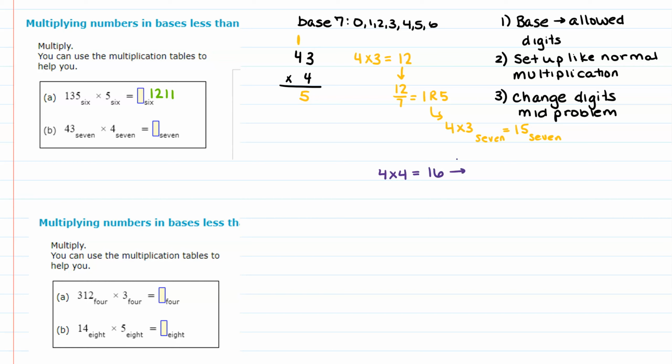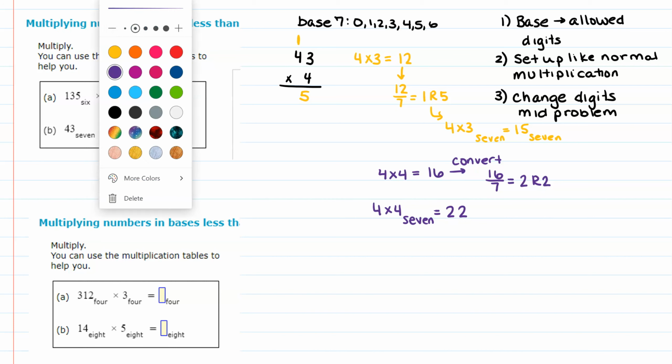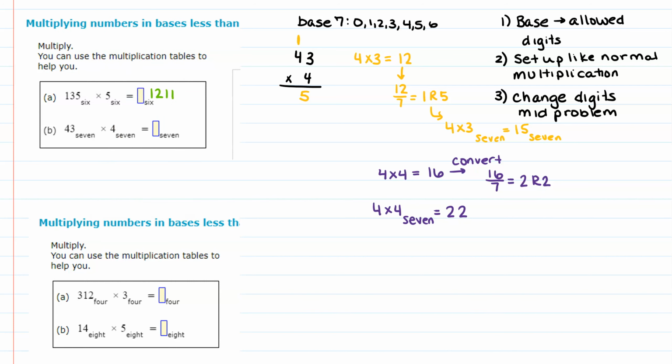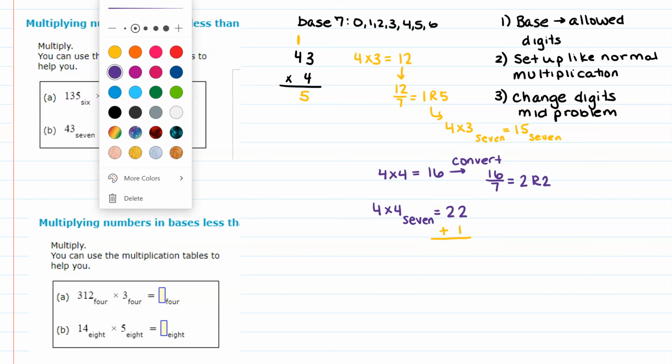Now I need to convert to base 7. So 16 over 7, let's see, that makes 2 with a remainder of 2. So 4 by 4 in base 7 is 2, 2. But now we have another move that we have to do, because remember we had this 1 upstairs, so we had to then plus 1, which makes 2, 3.